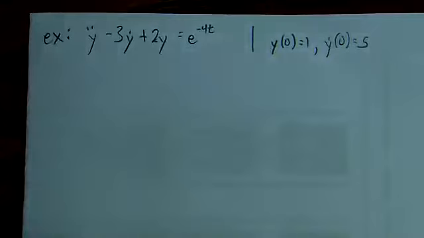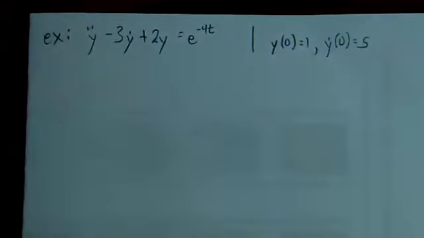I want to find the solution to this differential equation using Laplace transforms. Again, we don't need Laplace transforms to do this, but we can cut our teeth on functions we already know how to do before we get into the more interesting functions, or the functions that sort of defy our previous approaches.